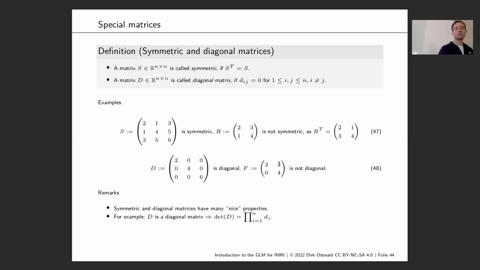Well, symmetric matrices we will see as covariance matrix parameters, diagonal matrices also as covariance matrix parameters. And of course, dealing with them is simple. For example, the determinant of a diagonal matrix is just the product of the diagonal entries. So symmetric and diagonal matrices we will need.